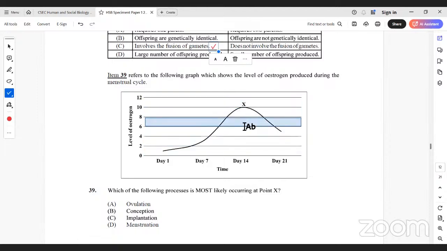What's happening here? X. And if you're watching this graph and it's day 14 of the menstrual cycle of a female, about day 14, what is happening? And I hope everyone is thinking about ovulation. All right, ovulation, day 14.